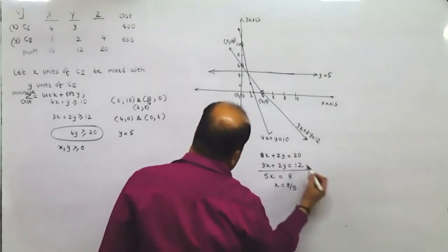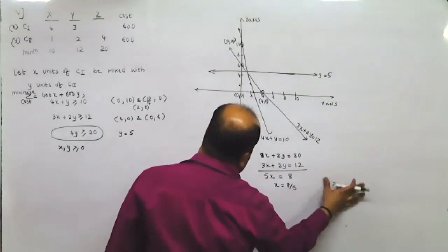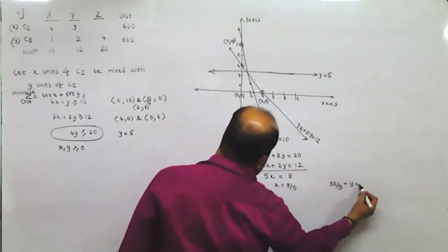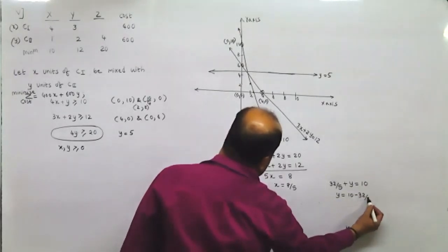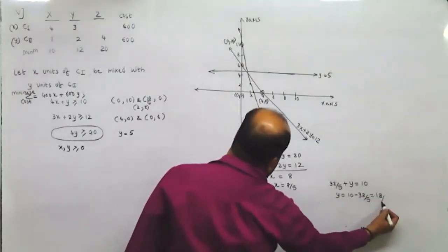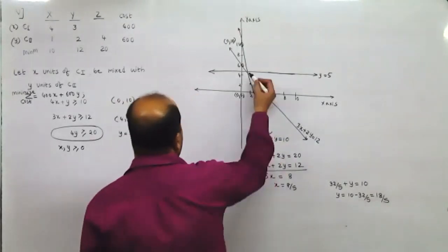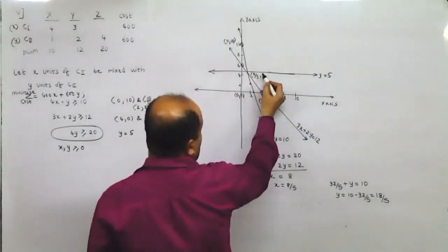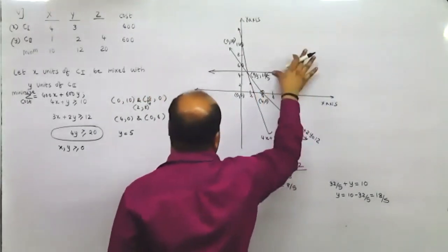And then when I substitute here, I'll get 4 into 8, 32 by 5 plus y equal to 10. Y equal to 10 minus 32 by 5. We'll get here 18 by 5. So this is 8 by 5, comma 18 by 5. It doesn't pass through that. So this is not that line.